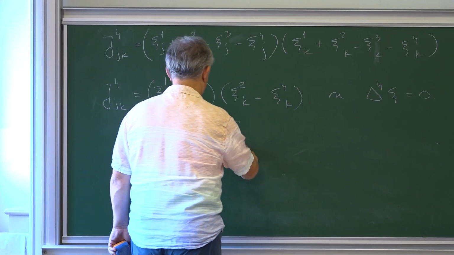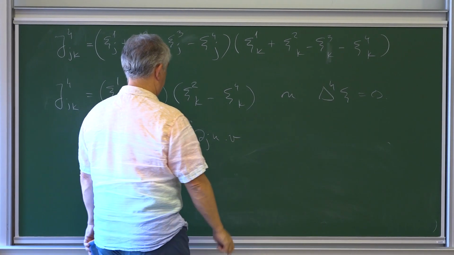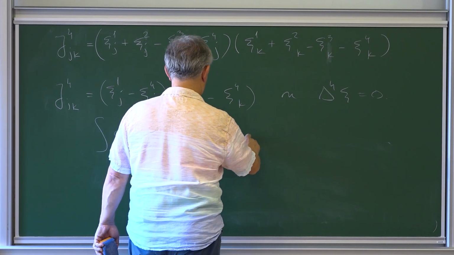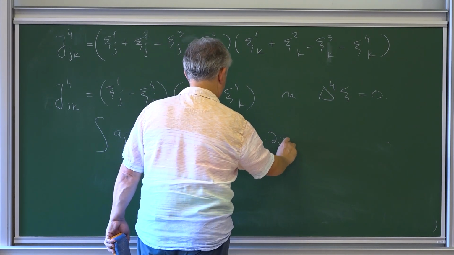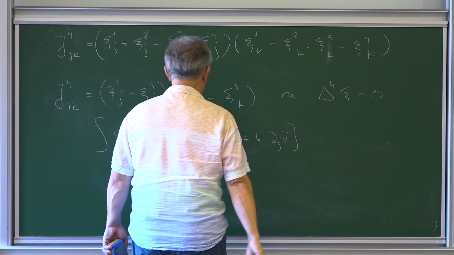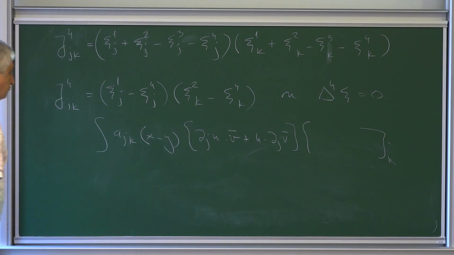So you're going to get something like dj u times v bar plus u times dj v bar, and then the same expression here with the index k.